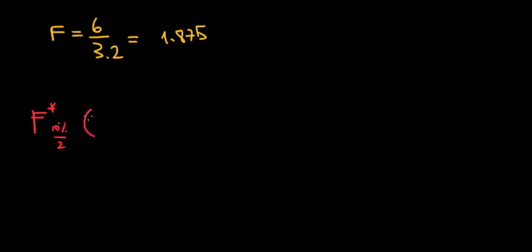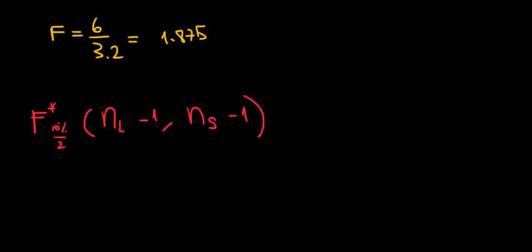Now in the degrees of freedom, I'd like to stress that we have to pay attention. We have degrees of freedom in the numerator, which is the number of observations of the sample with the larger variance, minus 1, and in the denominator we have the number of observations in the sample with the smaller variance, minus 1.